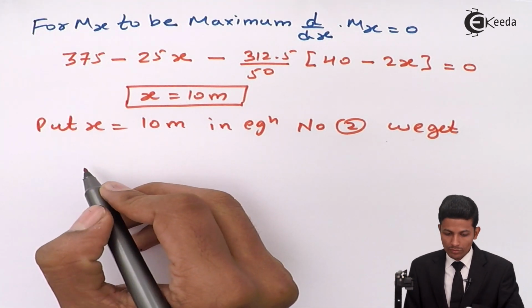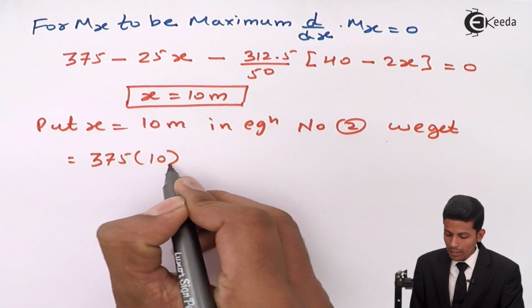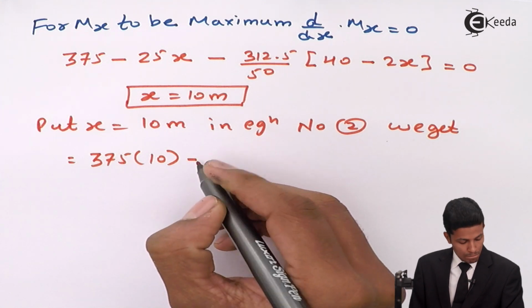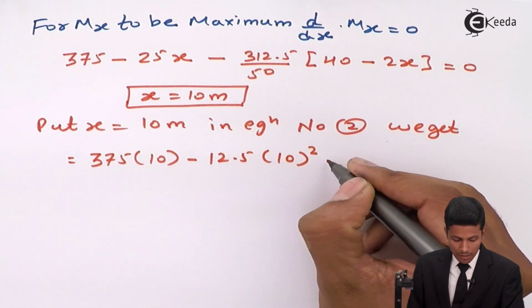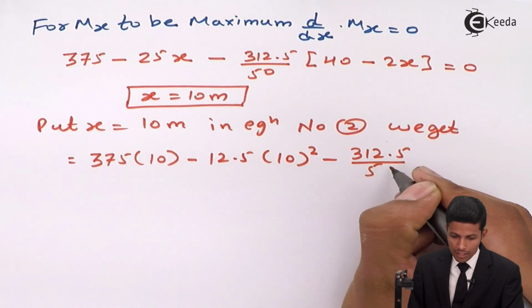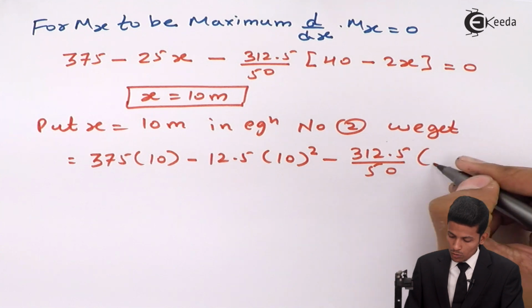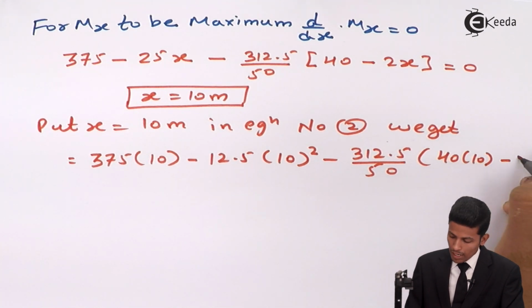So 375 into 10 minus 12.5 into 10, the whole square, minus 312.5 divided by 50 into 40 into 10 minus 10 square.